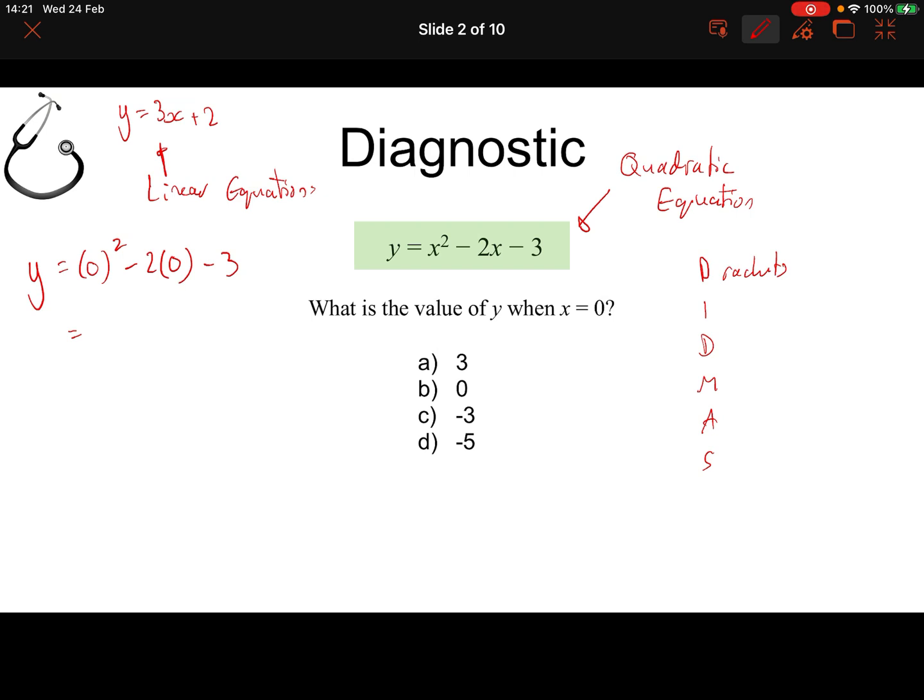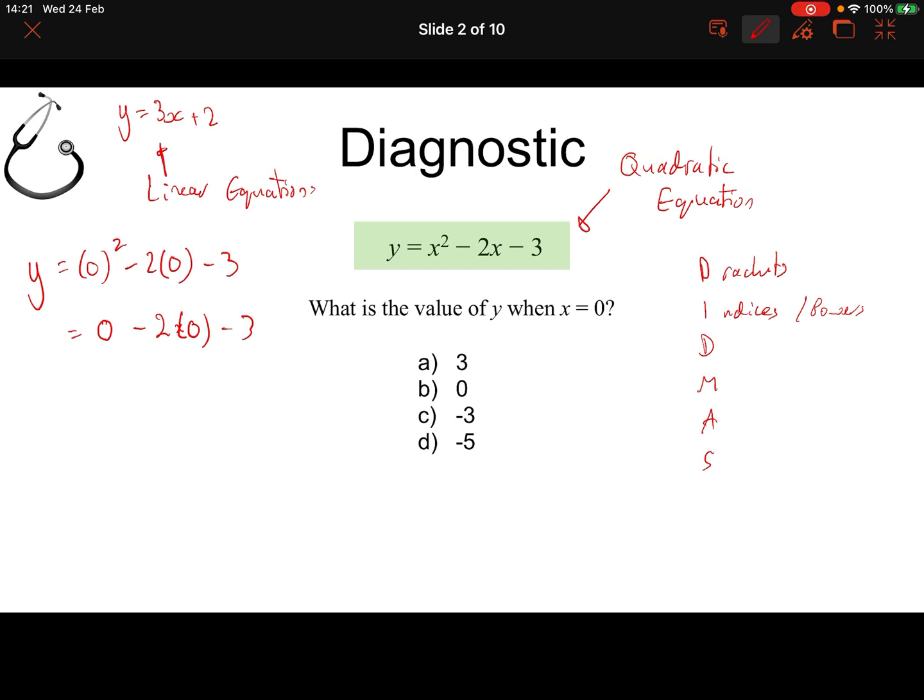Next is indices. Indices are powers or exponents, okay? So 0 squared is the first thing we're going to need to do. Well, 0 squared is nothing. That was the first thing we do.